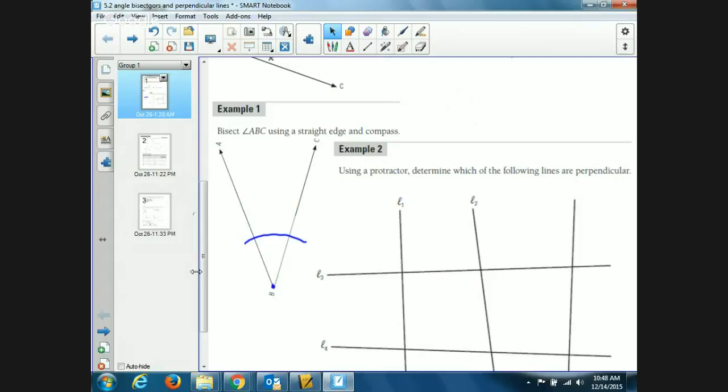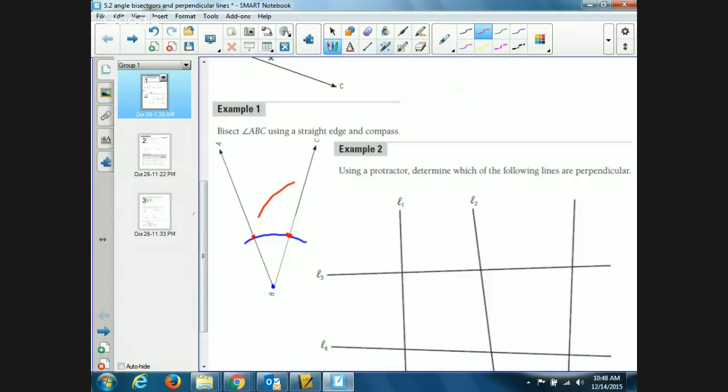Then you take your compass, and you can change the size a bit if you want, but you're going to use those two dots. Now, the second part is you put your compass needle here, and draw an arc somewhere in the middle of this. Then put your compass needle here.